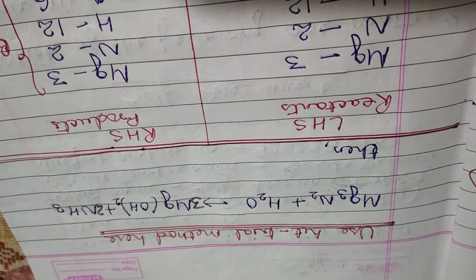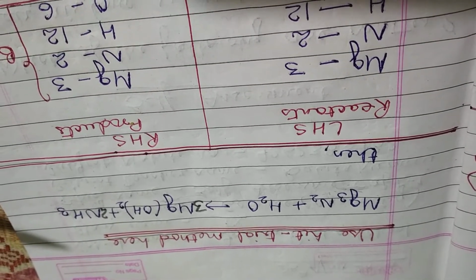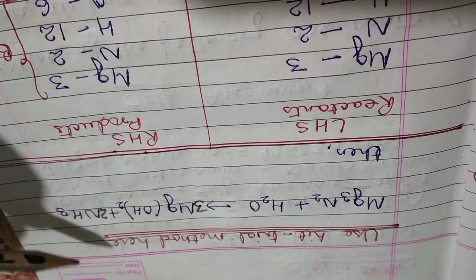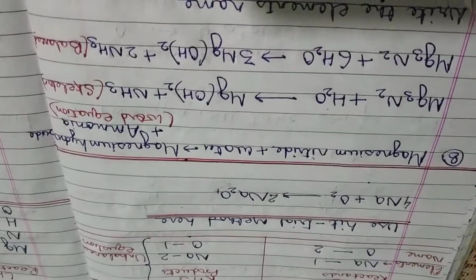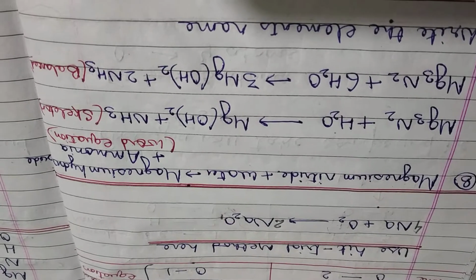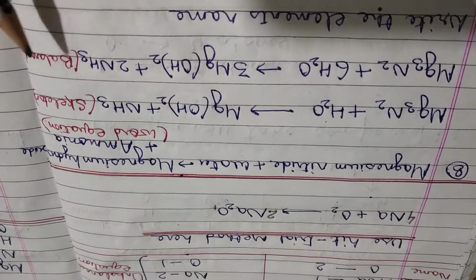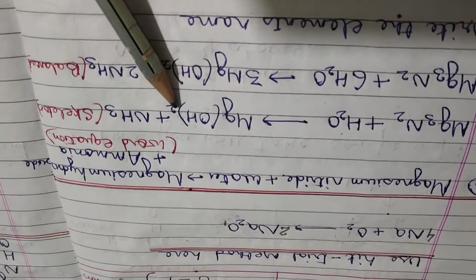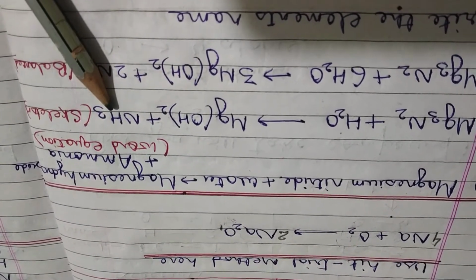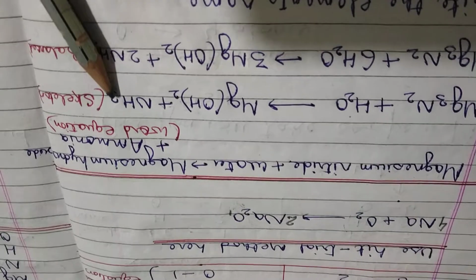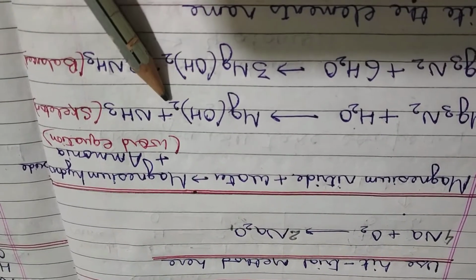Then let's take the hydrogen now. Now hydrogen is different here. You will see here, students, hydrogen. I told you that hydrogen is 5: 2, okay, plus 3. 2 plus 3 is 5. And oxygen is 2 here.